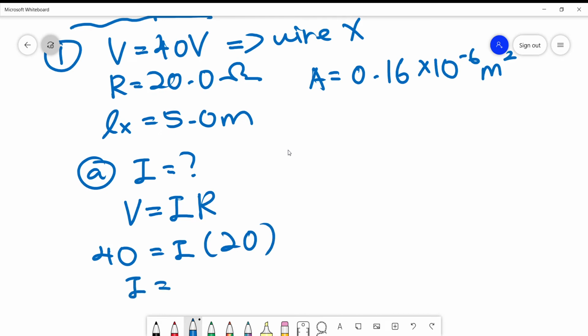So I get the electric current is 2 ampere. So this is how we find the electric current.